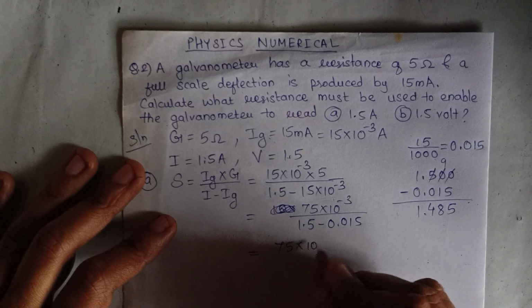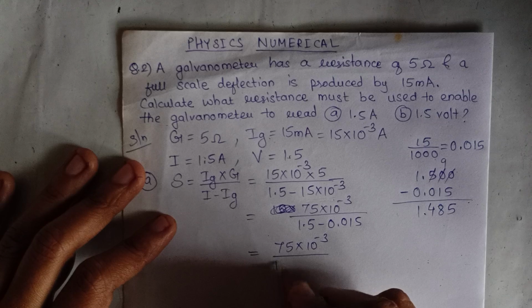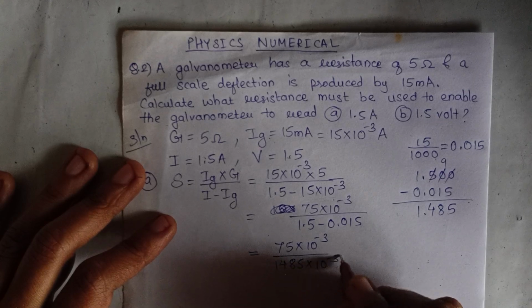Again you can remove the decimal and write it as 1485 into 10 raised to minus 3.